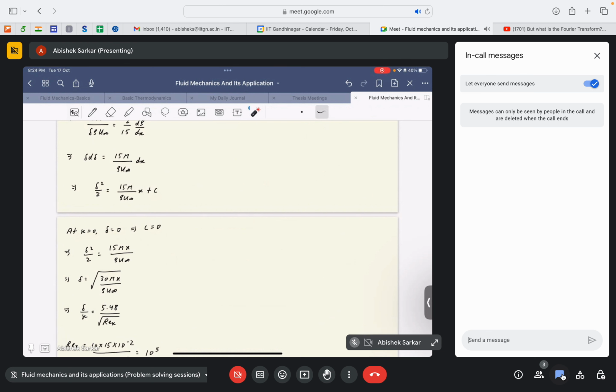So we get delta square by 2 equal to 15 mu x by rho u infinity. So delta would be the square root of 30 mu x by rho u infinity. And as I told, it is a good practice to express this in terms of delta by x, as some function of Re x to the power of some positive number.